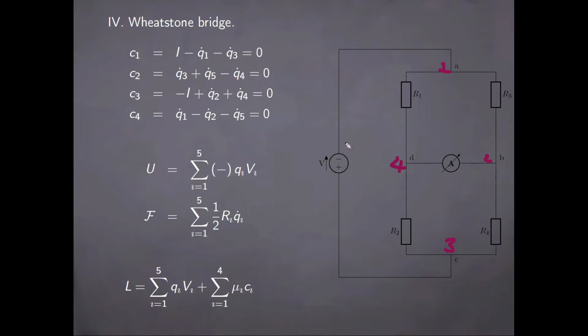And this is an example of a dynamical system where the method of Lagrange's undetermined multipliers is useful in solving the system and finding the network equations, which are given empirically by Kirchhoff's laws.